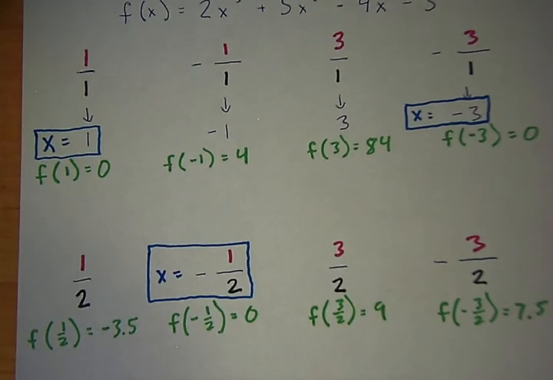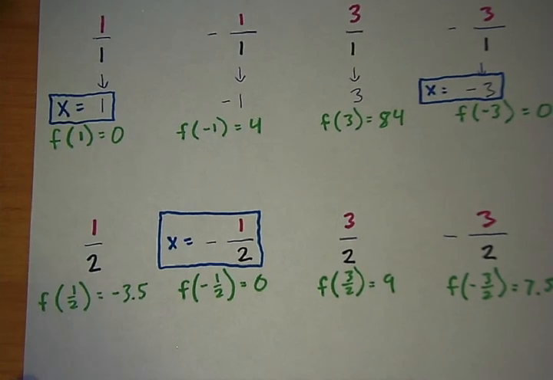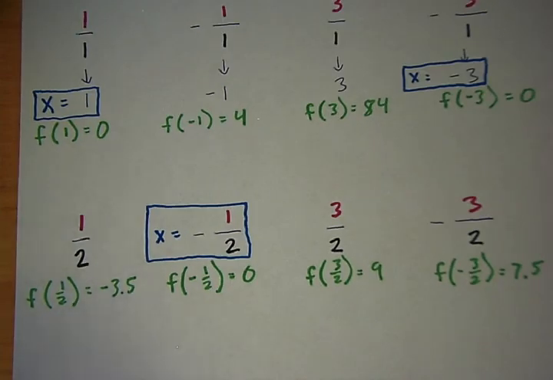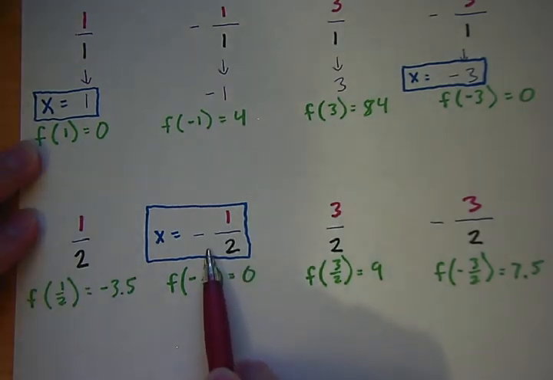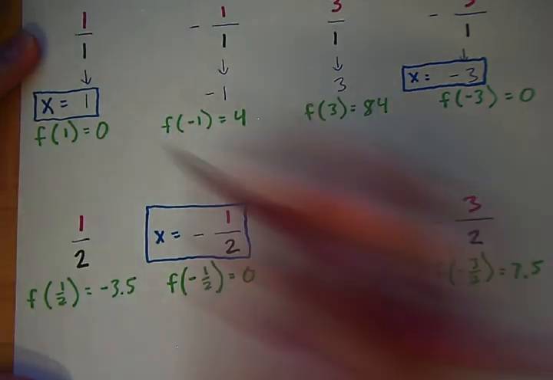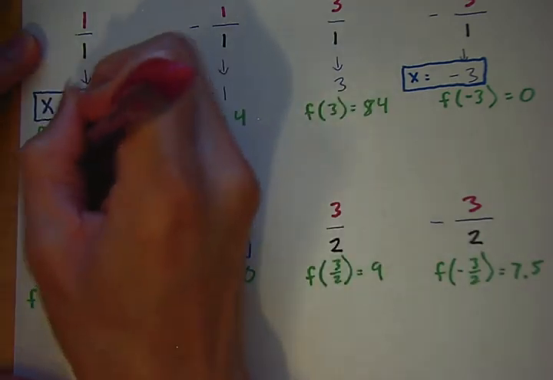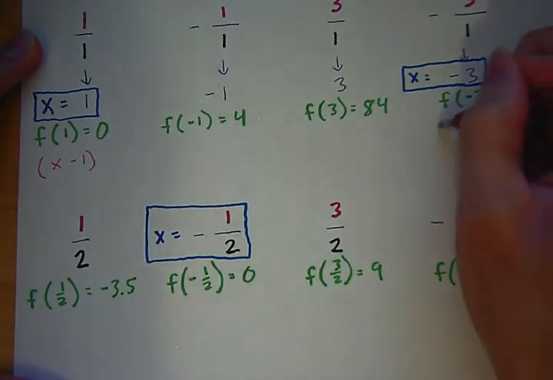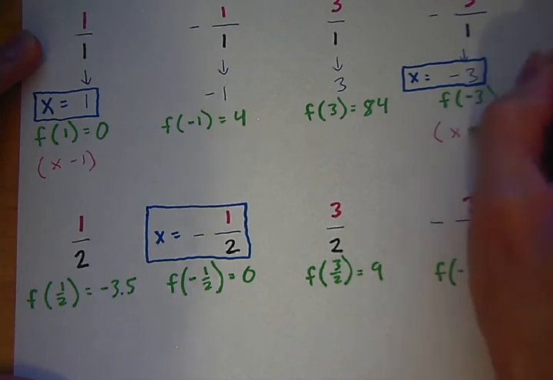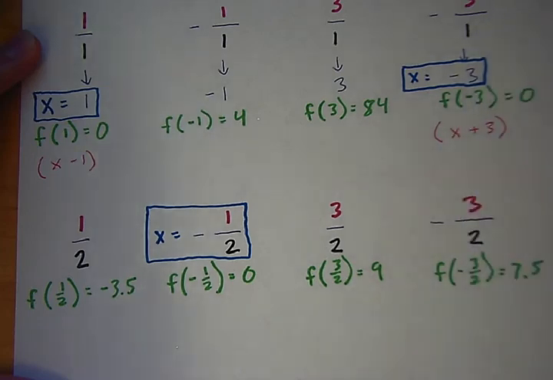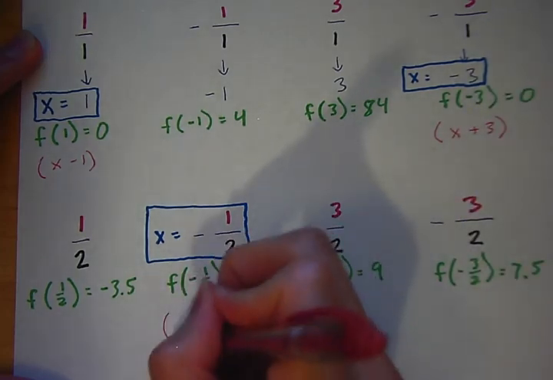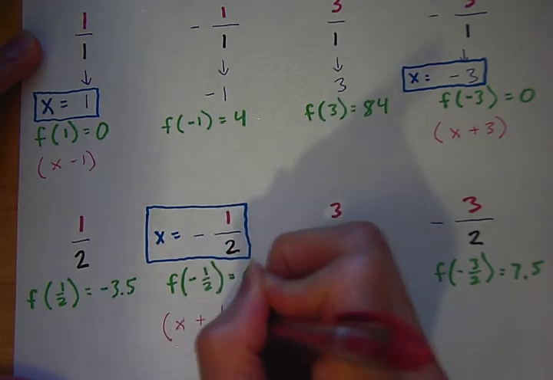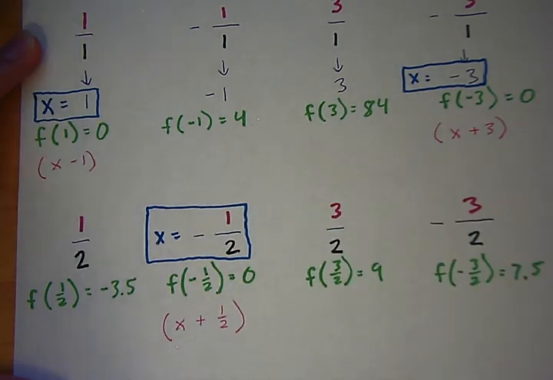Okay, so if x equals 1, x equals negative 3, and x equals negative 1 over 2 are your roots, then I know that x minus 1 will be a factor, x plus 3 will be a factor, and x plus 1/2 will be a factor.